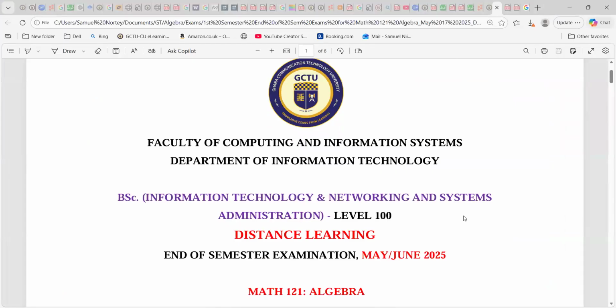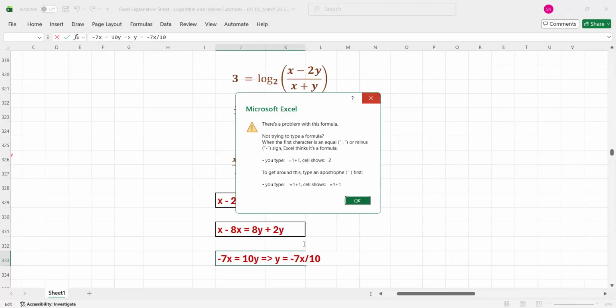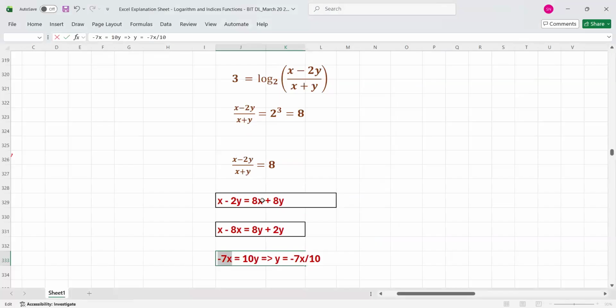So where did you get the 8x plus 8y? You cross multiply.